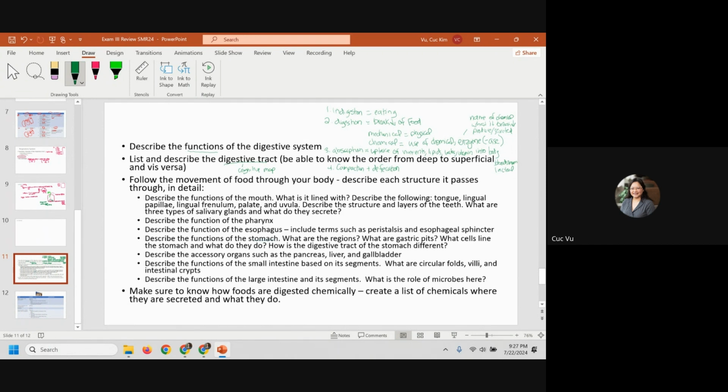The entire digestive tract, from the mouth to the anus, all have those 4 layers. But those 4 layers change depending on what area you're looking at. So the stomach in the muscularis layer, instead of having 2 layers of muscle, it's going to have how many? 3. Exactly. Because the stomach has to do the churning.